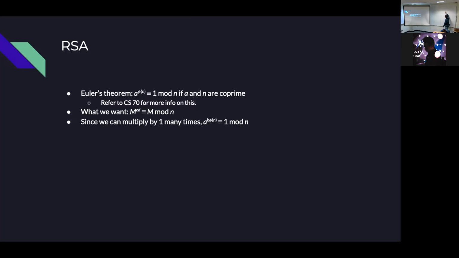A mod is really just taking the remainder. So we can just say that a raised to the power of phi of n as many times as we want is still going to be 1. So we can say this is equivalent to 1 mod n.